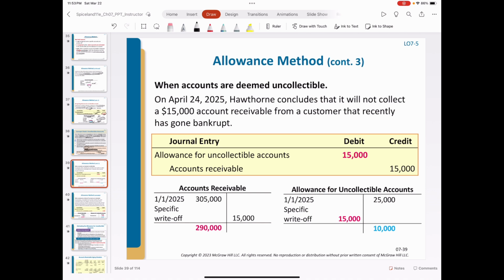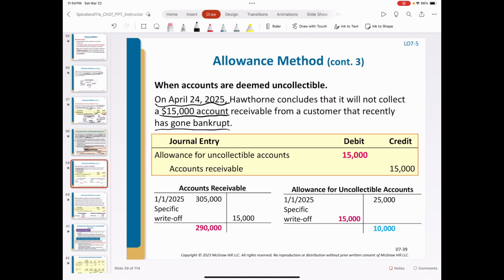Next, in the following year, when the information is updated from the customer, the company learned $15,000 will not be received from the customer because the customer has gone bankrupt. Since this is a confirmation from the customer, and not an estimate, the $15,000 will not be collected for sure.